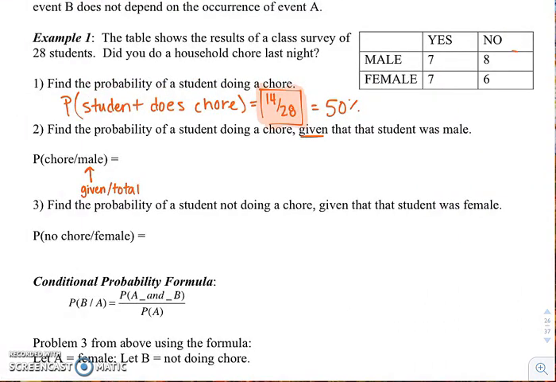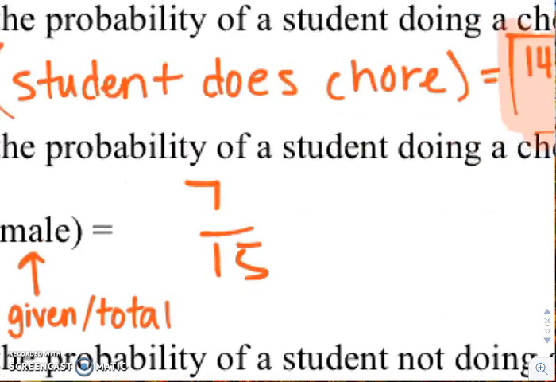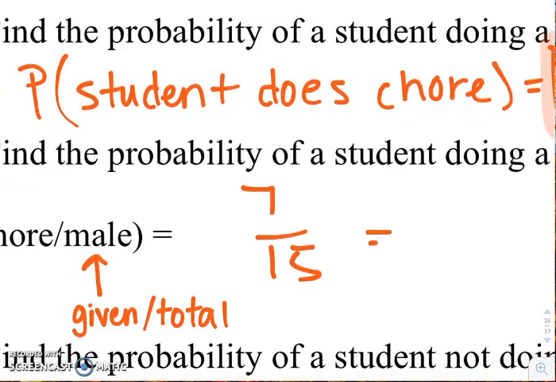So given the male number of students, so 7 plus 8 is 15, how many of them said, yes, we do a chore? 7 of them. So that is it. So 7 out of 15, if you guys divide that, would be 47%.